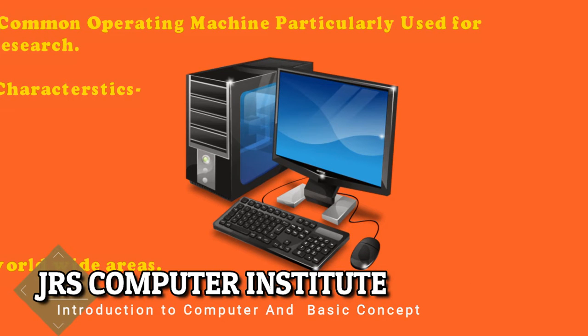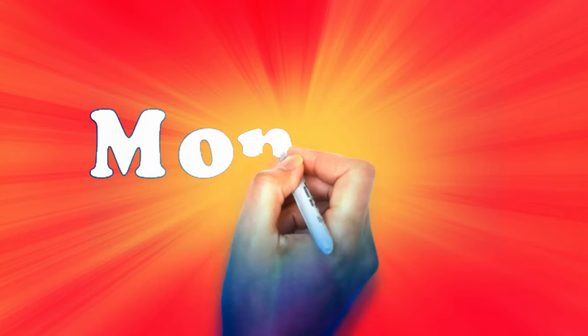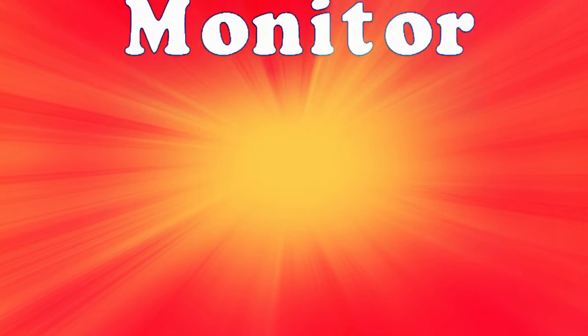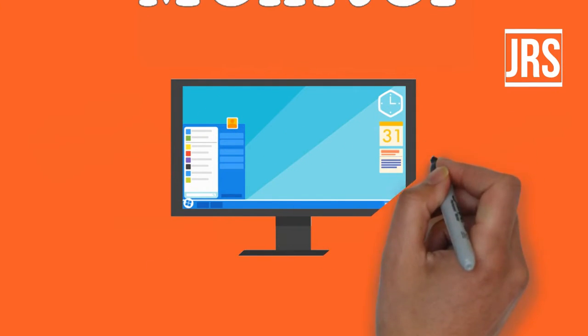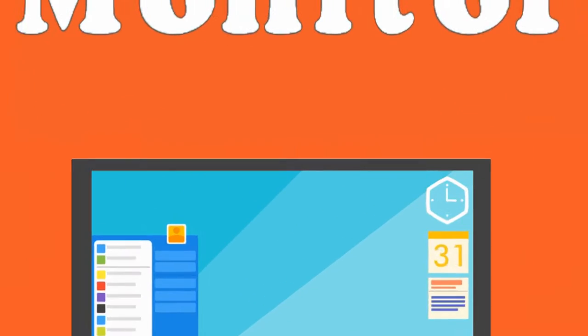A computer has a CPU, monitor, keyboard and a mouse. First of all, let us see the monitor. Every monitor contains a desktop.